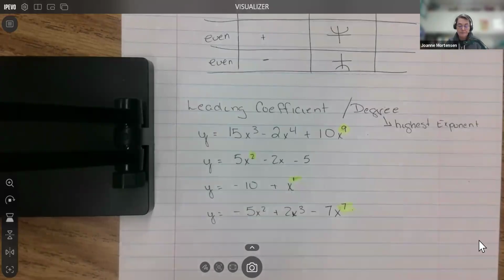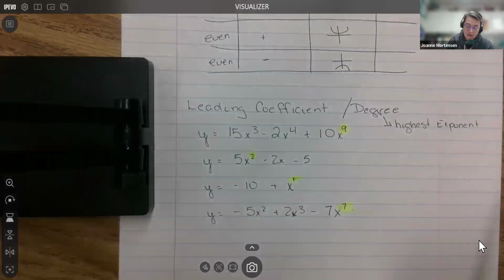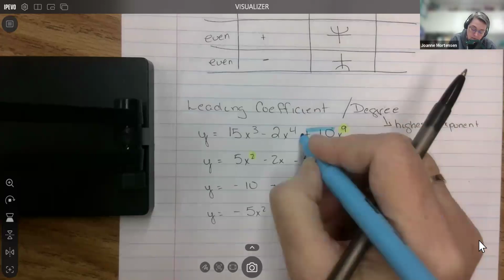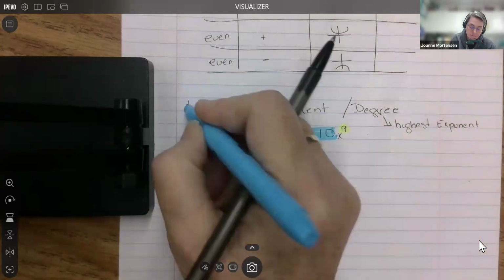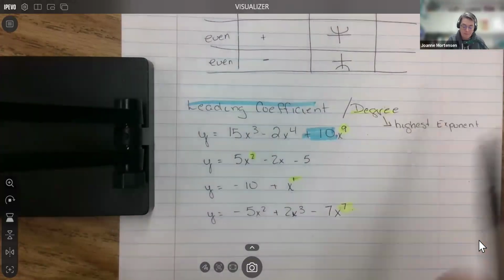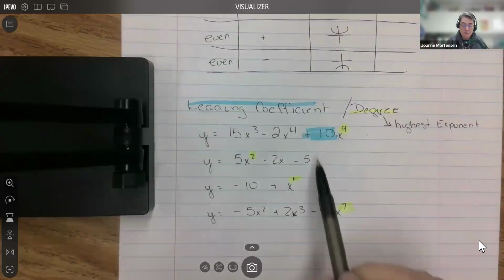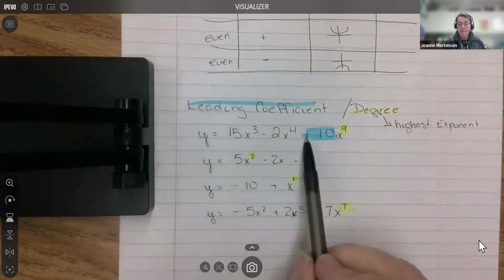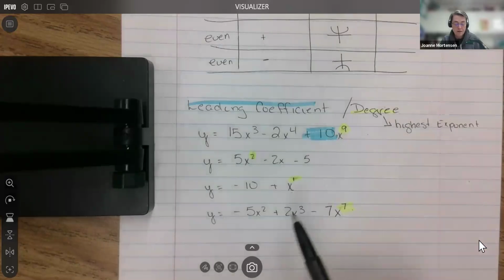Excuse me. The leading coefficient is the number that goes with that. So you've got to be sure to include any sign that's out front.